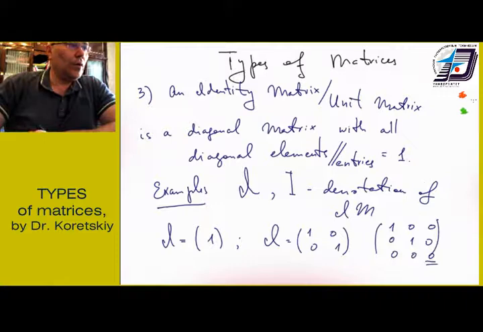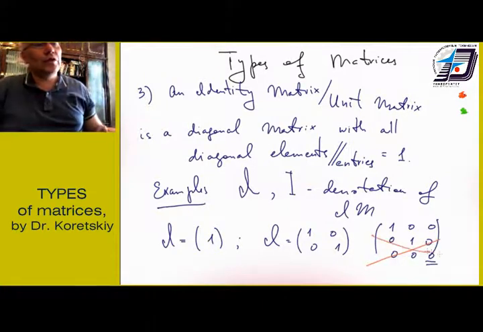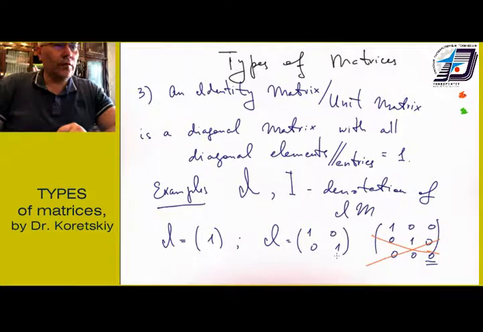I want to stress that this is not an identity matrix. All elements along the diagonal should be 1. By the way, this crossed matrix is still a diagonal matrix because all elements beyond the principal diagonal are zeros, but it is not the identity matrix.